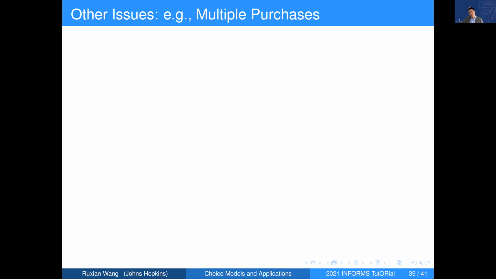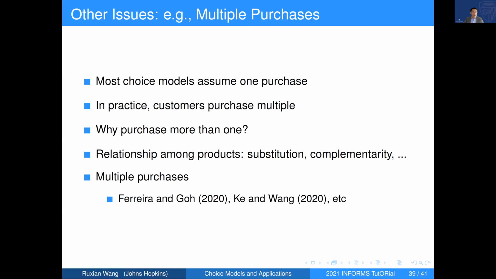Another issue is about multiple purchases. In all the models we just discussed, we assume consumers choose at most one item. But in practice, in some scenarios, some customers may purchase multiple products or multiple units of the same product.